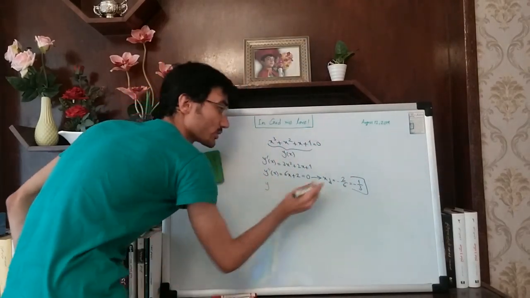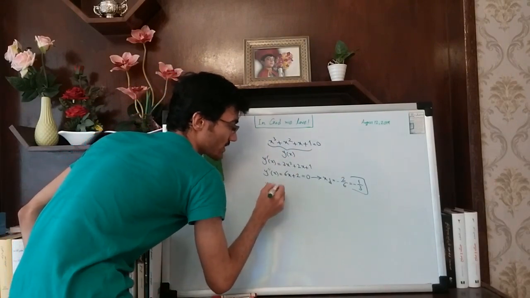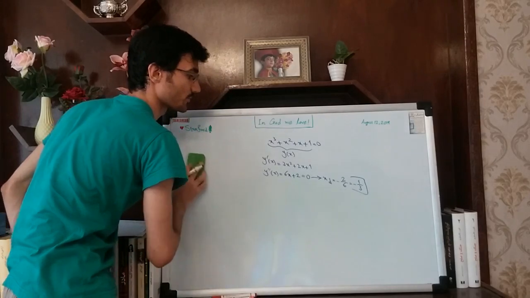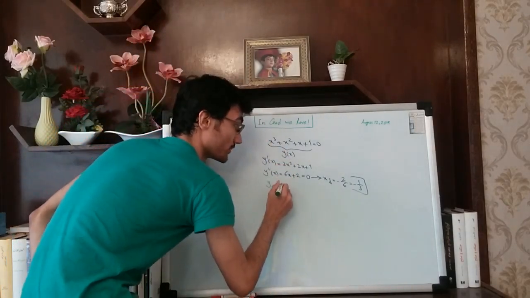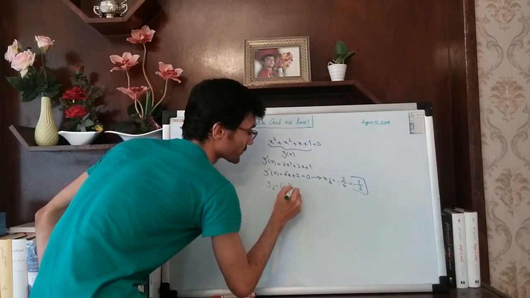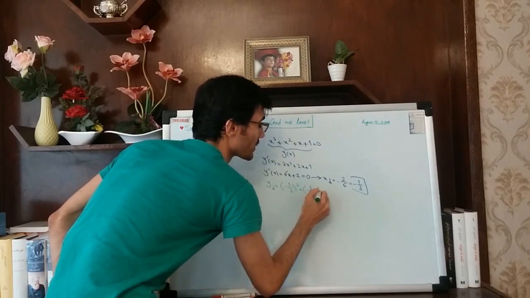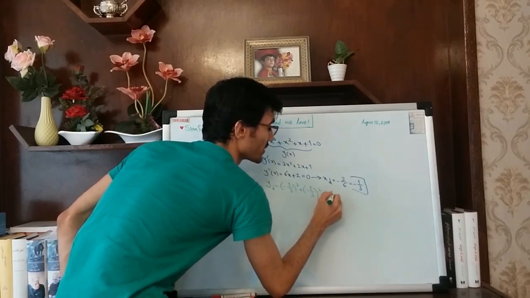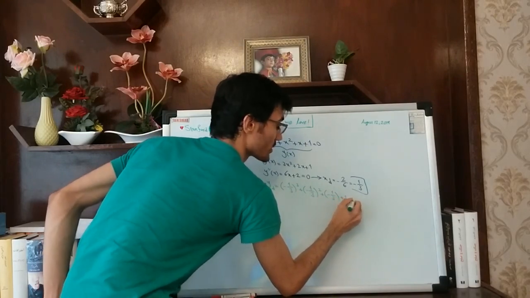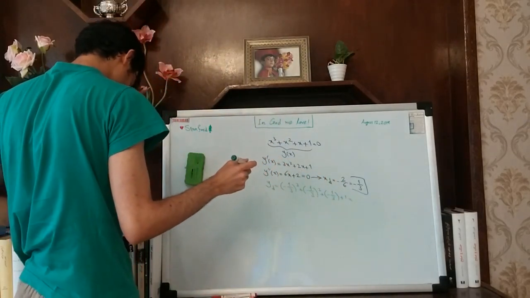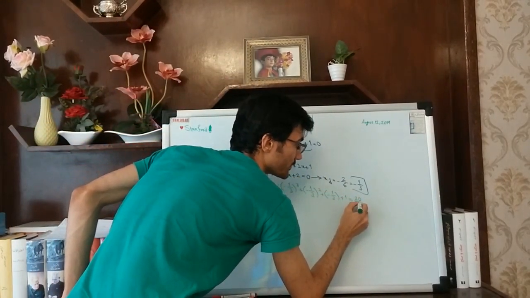First we should put xt in y of xt, or simply we can write it yd. Negative 1/3 cubed plus negative 1/3 squared plus negative 1/3 plus 1 equals 20 over 27.